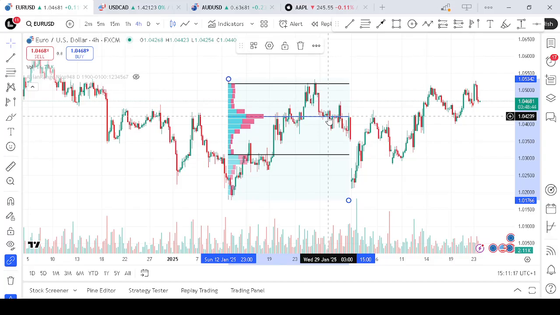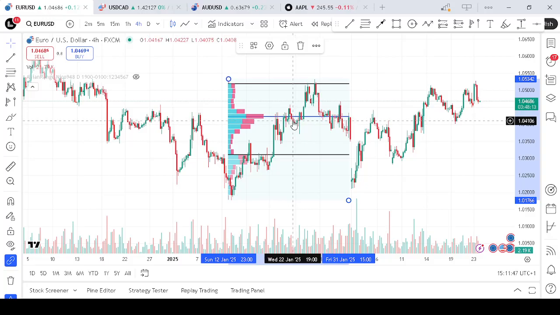Consider using it as a reference point for setting up your stop orders or identifying potential breakouts, meaning this area can be used as a support or a resistance zone. When trading on this area, we can also use this place to tell us where we can put our stop loss or where we can put our take profit, depending on how you are trading.